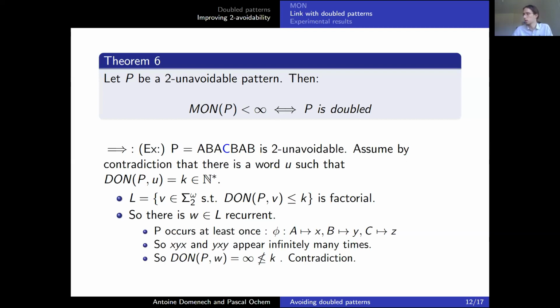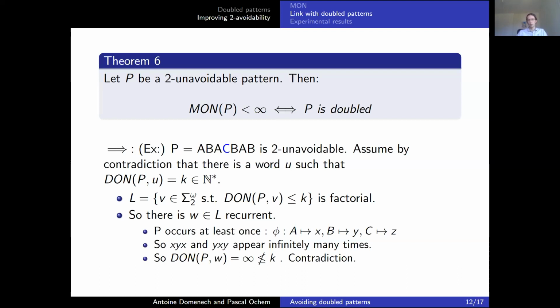So we can take a mapping. A is mapped to X, B to Y, and C to Z. Then as the word is recurrent, the factors XYX and YXY appear infinitely many times. So what you can do is you fix one XYX, fix it, and then YXY still appears infinitely many times, so it appears as far as you want in the word. So then you map ABA to the first XYX you fixed.